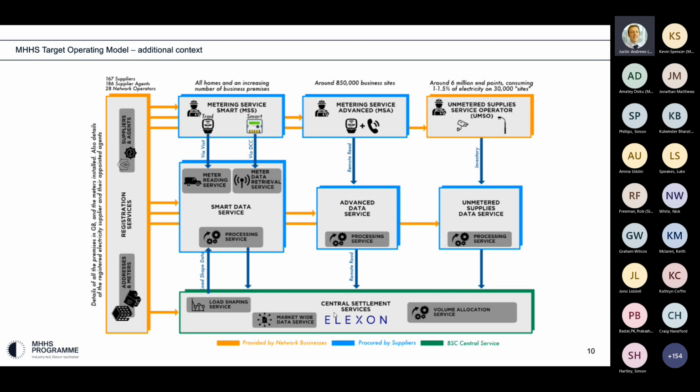I think there's one thing to note here: Central Settlement Services is ingesting half-hourly data. If it's from a smart meter, one would hope that it's actual readings, same from advanced; they're sort of calculated half-hourly readings. But this is all half-hourly data that is processed by the BSC Central Systems.